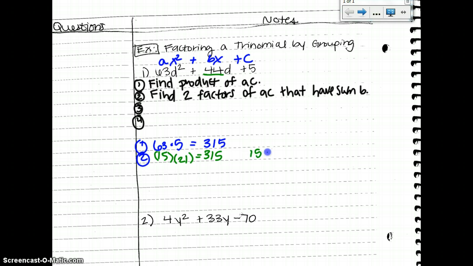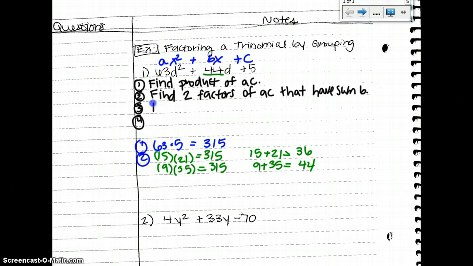Then 15 plus 21 is 36. So that doesn't work. Let's try 9 times 35. That product is 315. 9 plus 35 is 44. So this works. 9 and 35 is our answer for the second step.